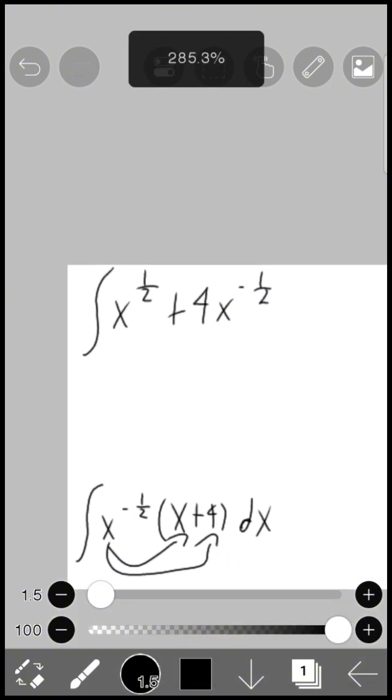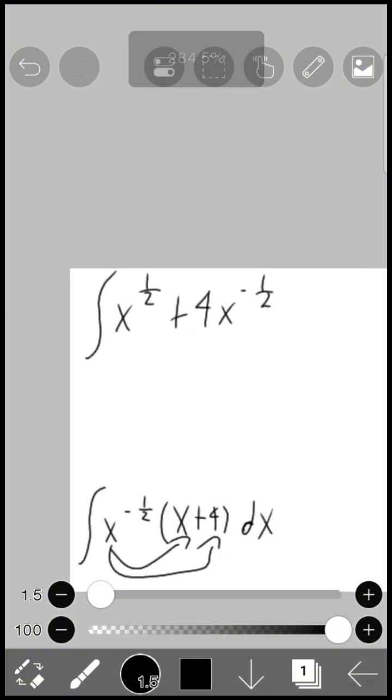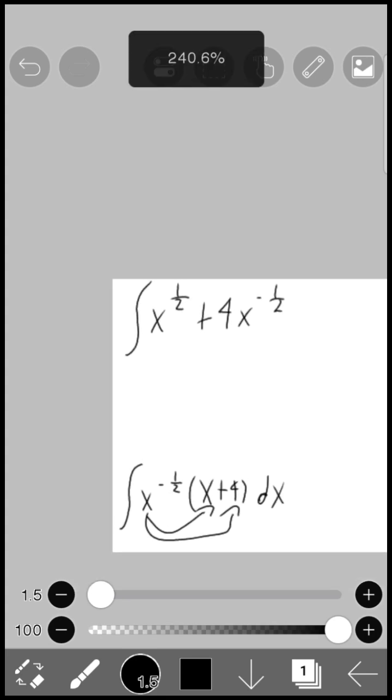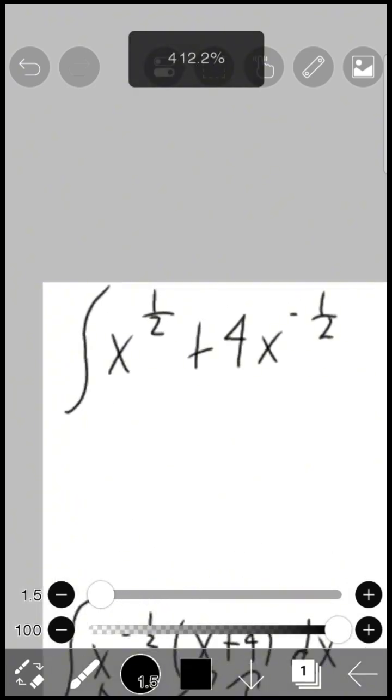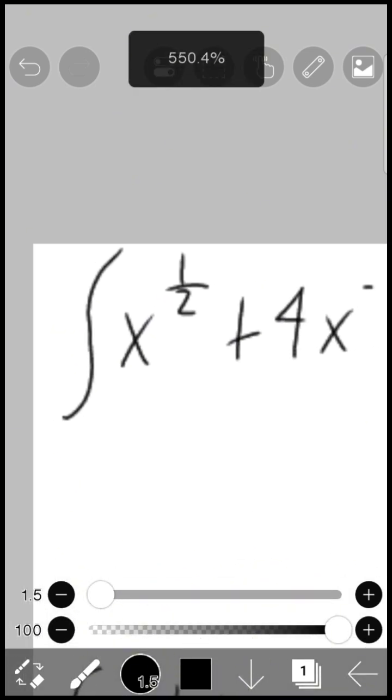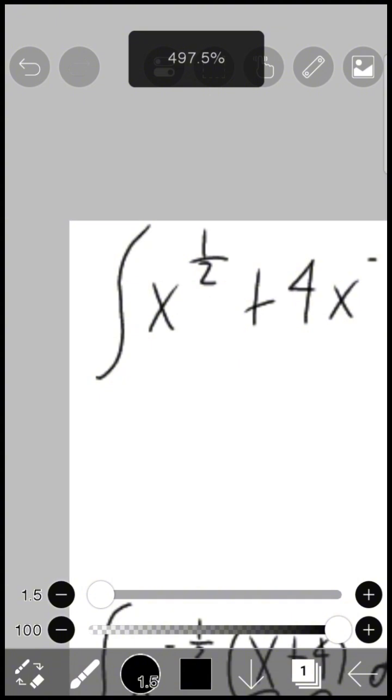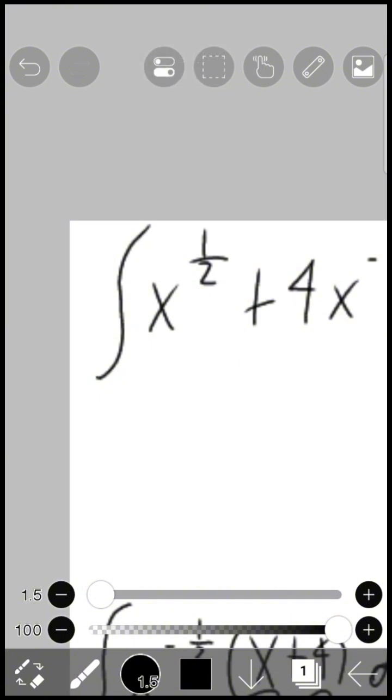Alright, so if that is the case, we can go ahead and solve our integral. We can finally apply the power rule, the law in antiderivatives.